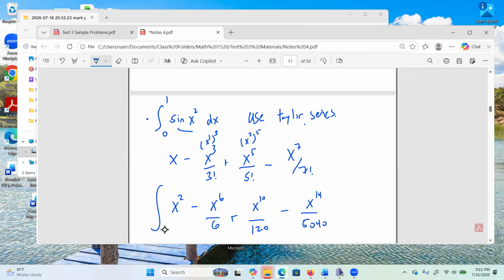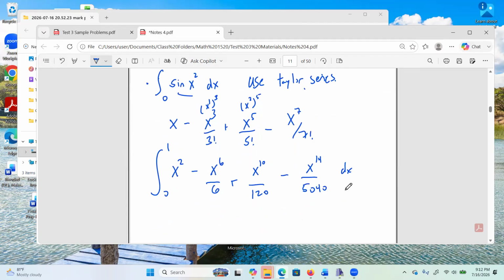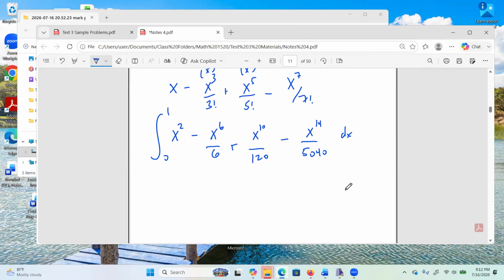We haven't integrated yet. We still have to do that, so we're going to do that now. Regular integration rules apply. This is the one beautiful thing about series: if you turn things into series, everything gets to be polynomials. Life is easy.